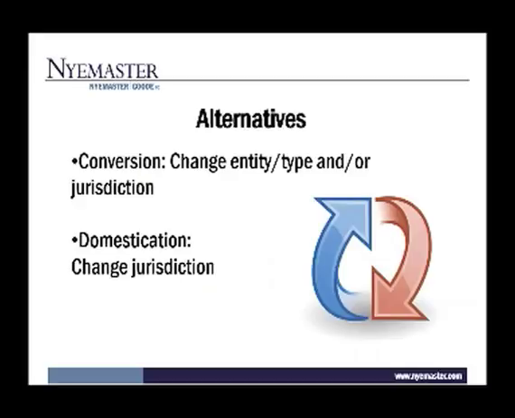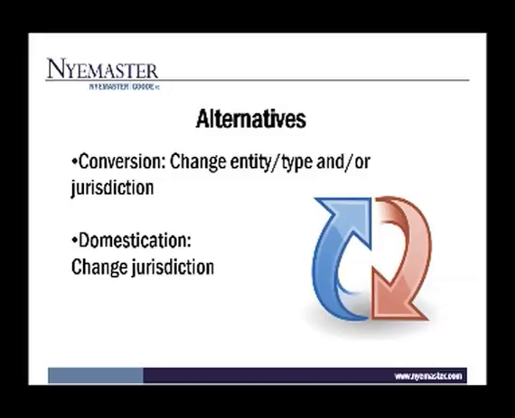I want to talk just really briefly about a couple alternatives. They're not acquisition transactions per se, but if you're really looking just to change the form of your entity or the jurisdiction of your entity, do remember that conversion and domestication are out there. Similar to a merger, the governing statutes of both jurisdictions must be complied with. So if you're changing a Washington LLC to an Iowa LLC, for example, you need to follow the conversion statute of Washington and Iowa.